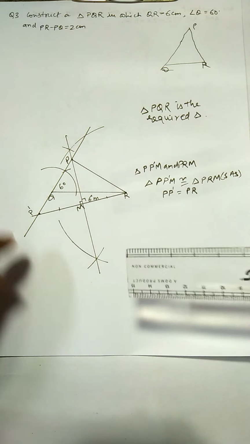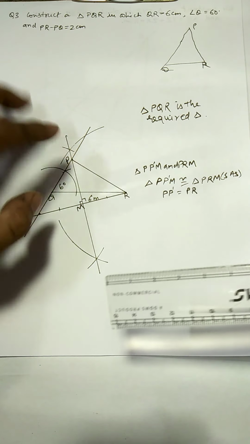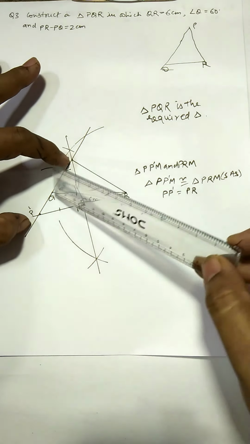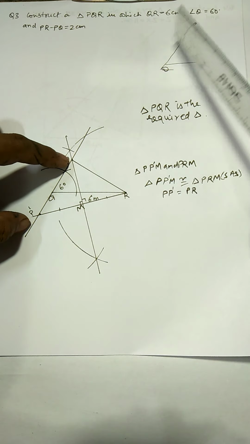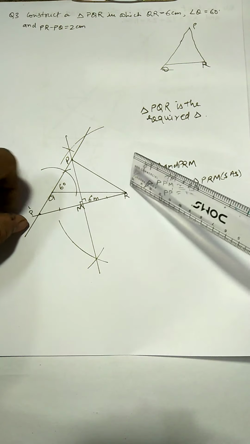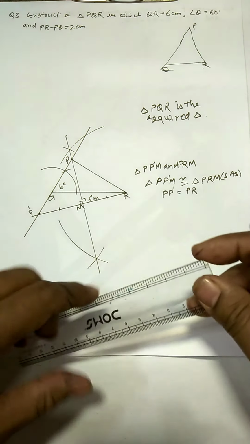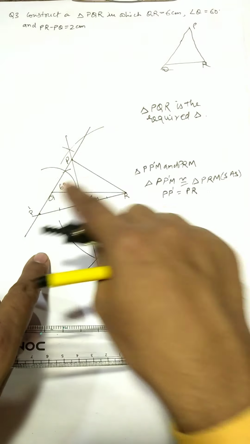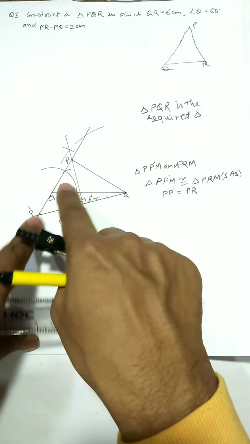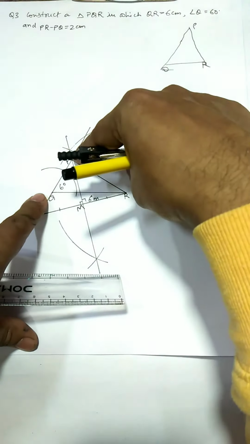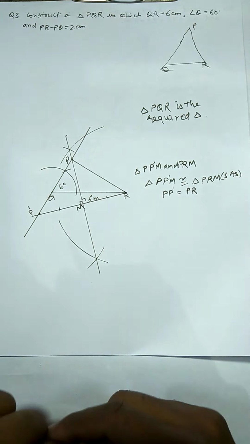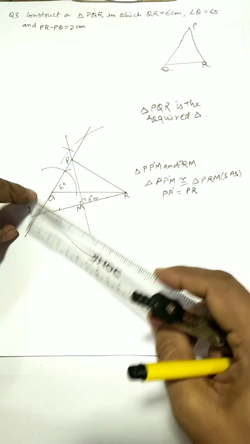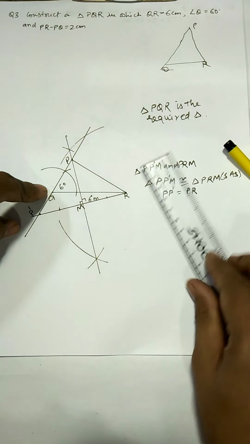And now this PP dash is equal to PR, and you see this is 2, and this is your 6 centimeter, this is 6 centimeter, and this way it can be verified that this PR has to come down, because otherwise you will not get this PR as bigger, you will be getting QP as a bigger side. So to get PR as bigger side, you have to draw this line down.